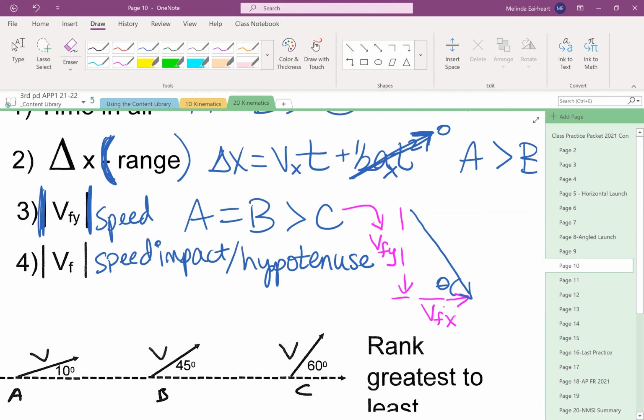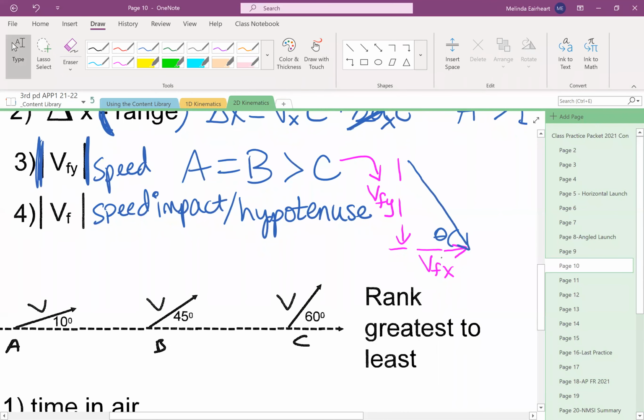Horizontal velocity is constant. And so whatever we started with, 10 and then 6 and 6, they are going to still be 10, 6, and 6. But our answer is not either component. Our answer is who makes the biggest hypotenuse? So whoever has the biggest components will make the biggest hypotenuse, okay?